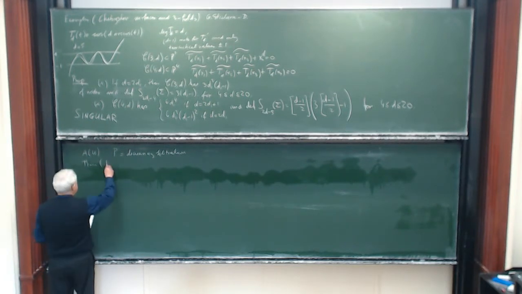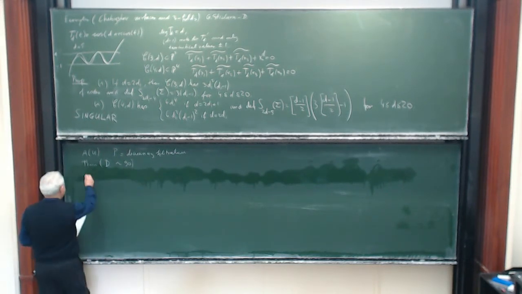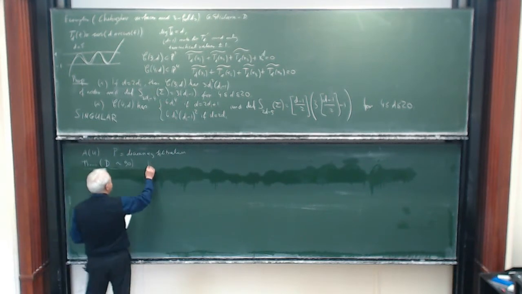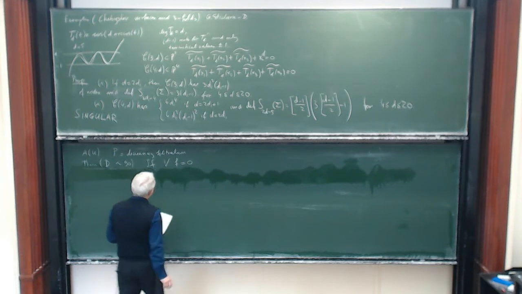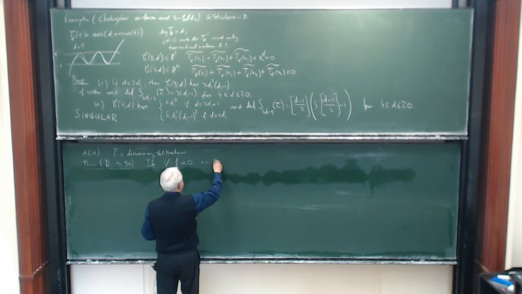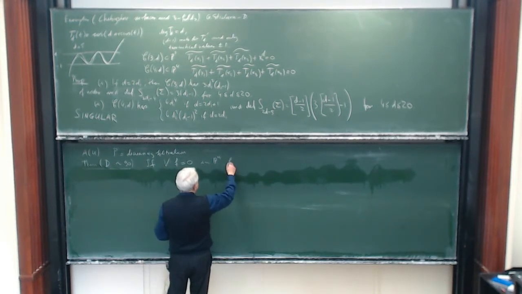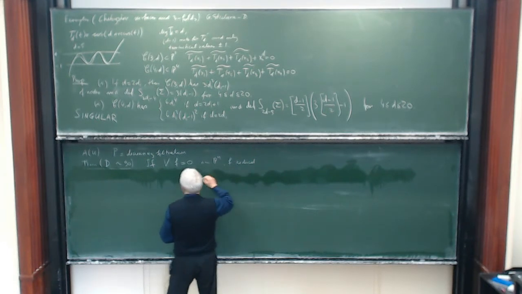So this is an old theorem of mine, which says the following: if V is given by some homogeneous polynomial F in Pn, we assume F to be reduced of degree D.